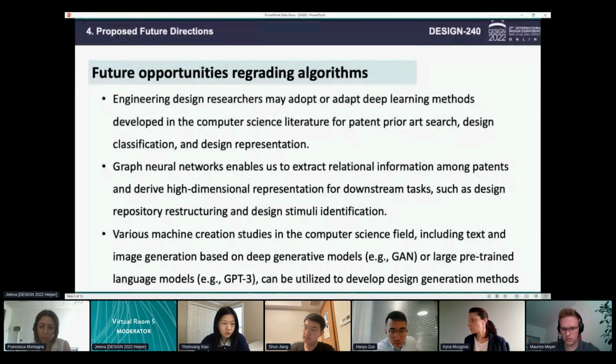Also, various machine creation studies in computer science field, including text and image generation based on deep generative models or large pre-trained language models, can be utilized to develop design generation methods.